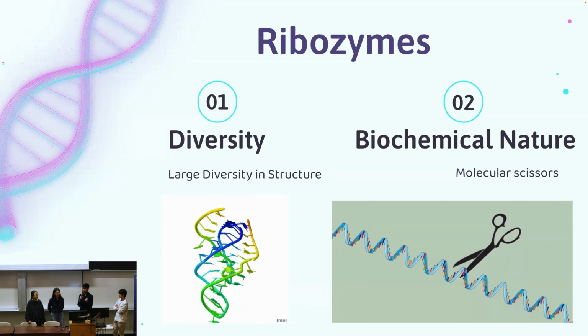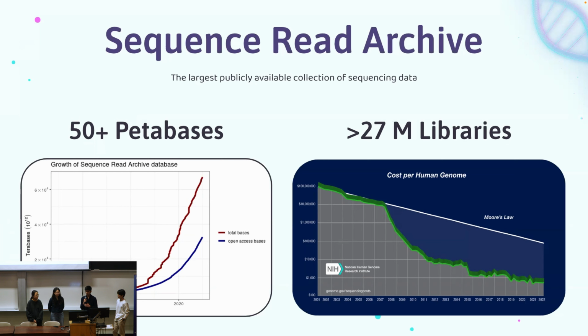In the 2000s, it was about 100 million dollars to sequence one genome. Now it's come down to about $1,000. This shows how fast biological data has been growing, and all of this data is now publicly available, which the public is using to generate so many more insights.